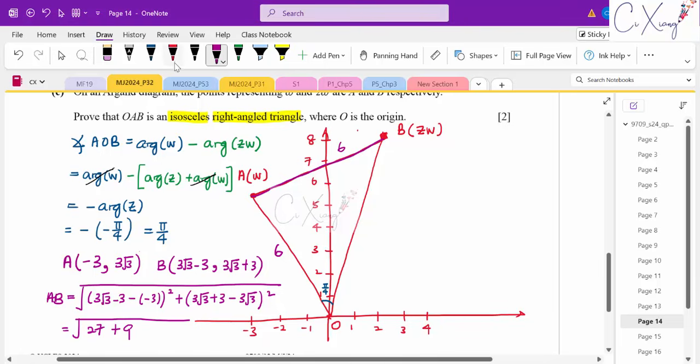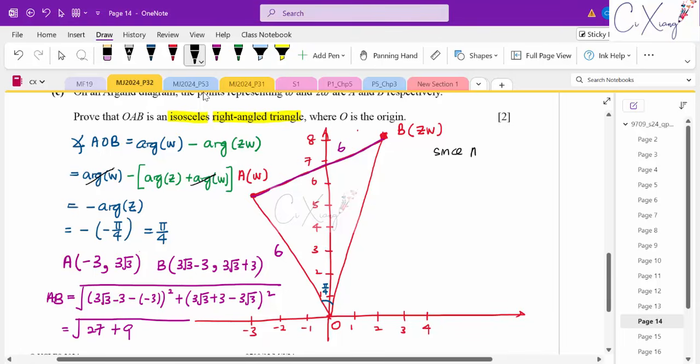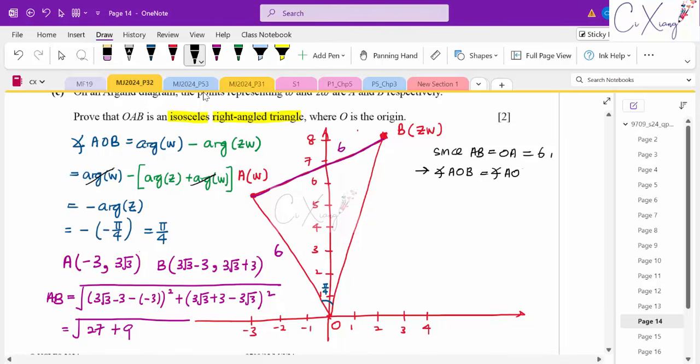Okay, alright. So now we are getting closer and closer to the conclusion. I can start making some simple conclusions now. Since AB is equal to OA, the length, both of them are equal to 6, that means the angle AOB should be equal to the angle ABO, which is equal to pi over 4.